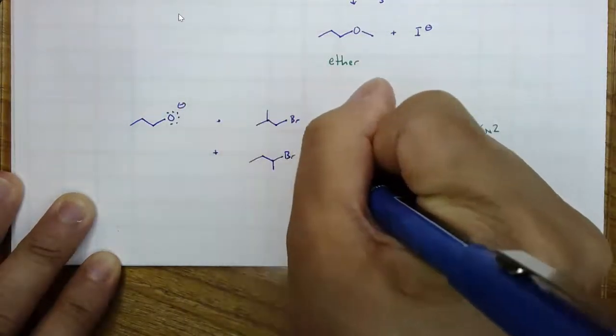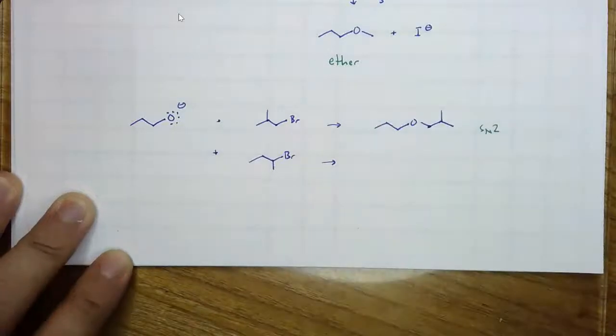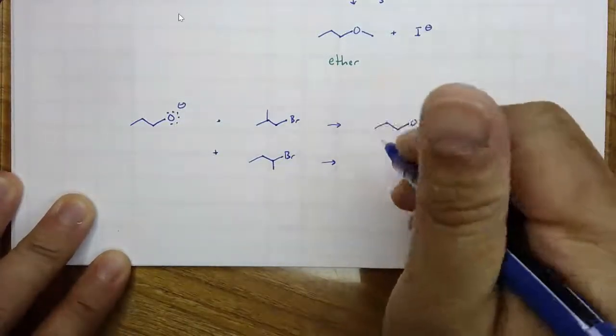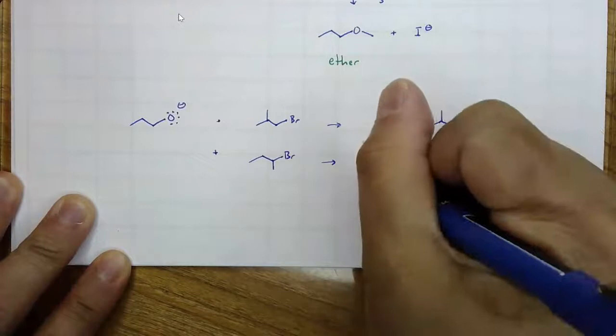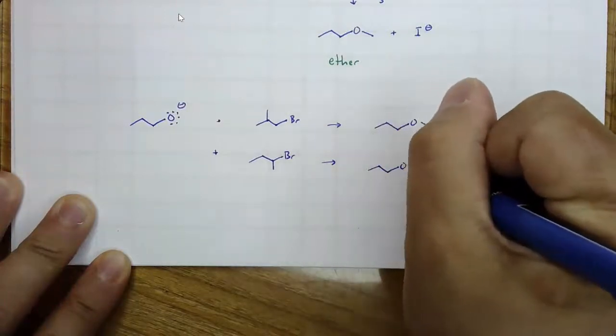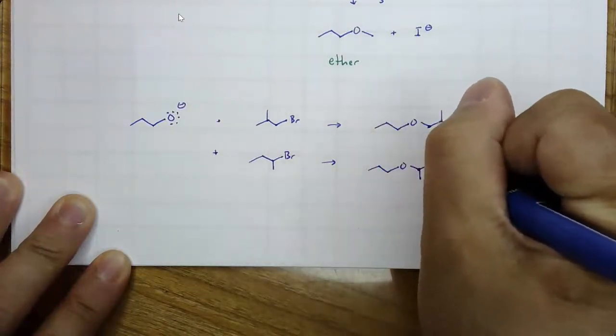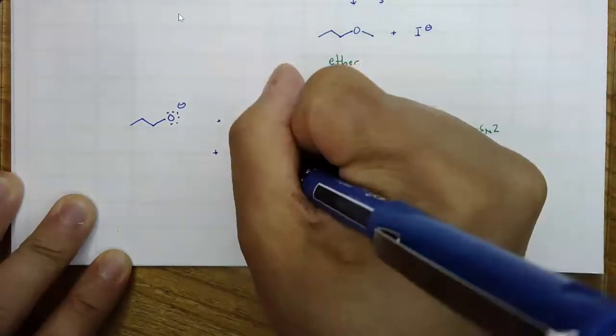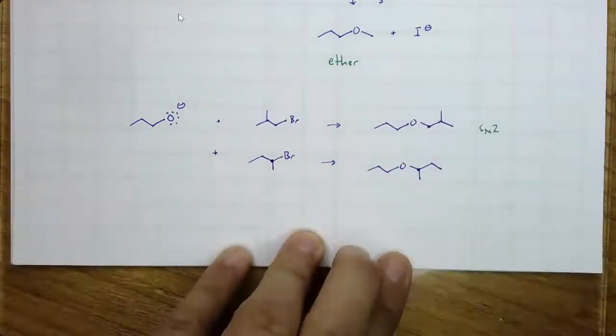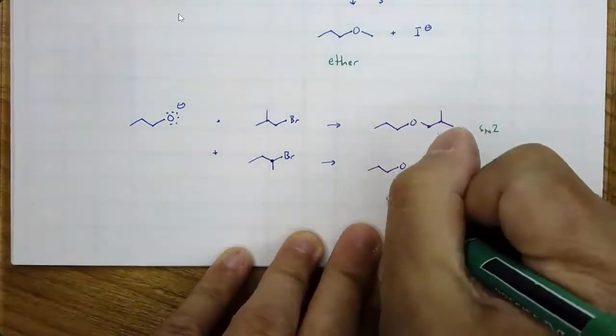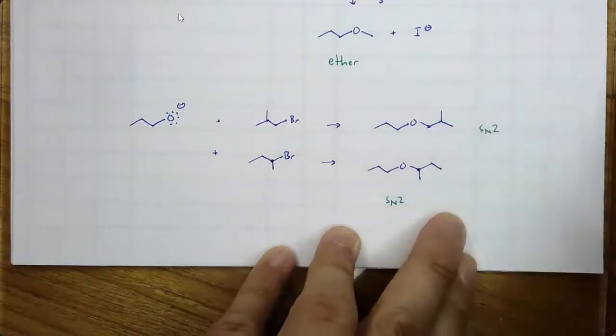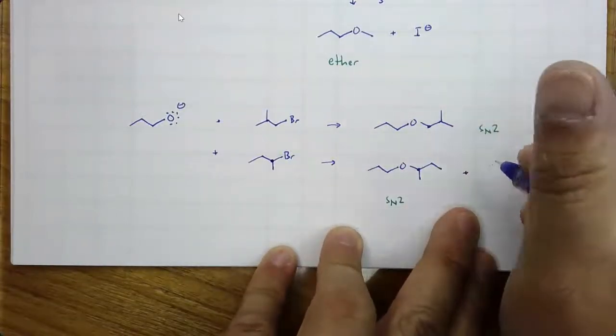secondary, then we will have some substitution. Okay, substitution at this carbon. That's SN2 for sure. But also we would have elimination.